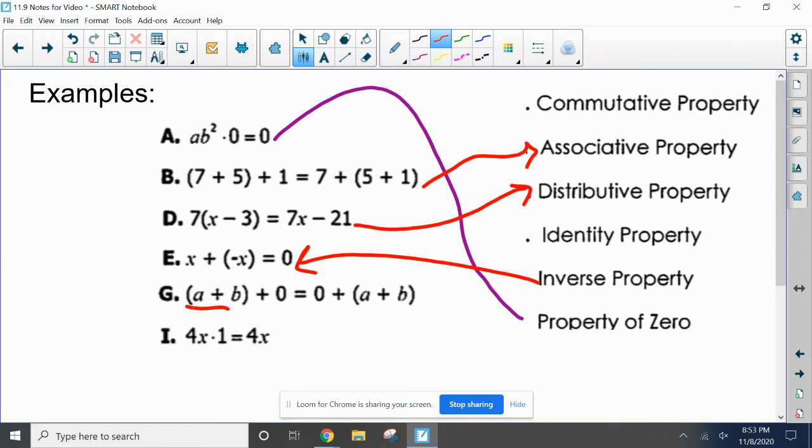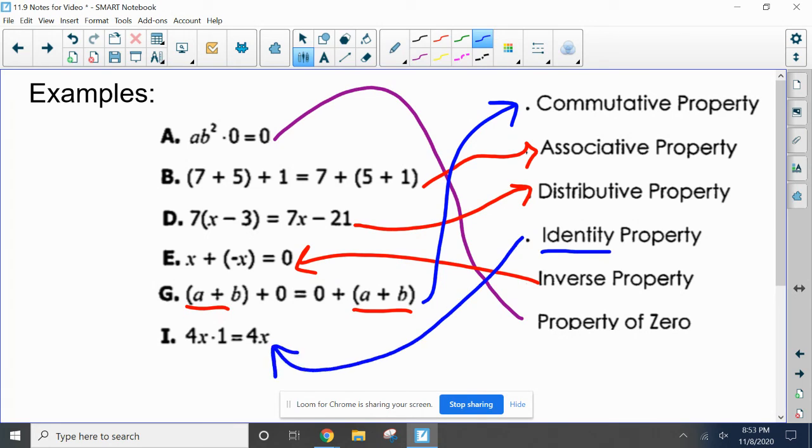You look, our groupings did not change, but the order of those numbers did. Which one talks about my order? That's right, your commute from your house to your school does not change. It's going to be the same amount of time, given there's no traffic or outside factors, to and from your house to school. All right, and my last one, I have 4x times 1 equals 4x. Which one of those do I have that tells me anything times 1 is itself? Identity, because identity is what you see yourself as.